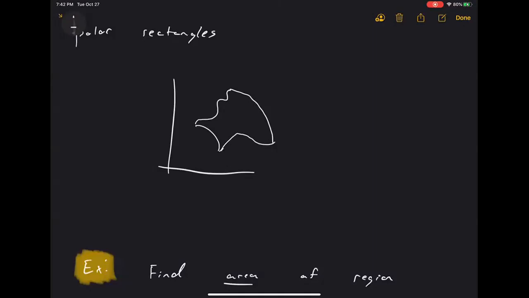Maybe our r bounds are nice constants like r equals 1 to r equals 4, but my bounds on this angle theta, it's not clear what this angle is. Maybe I have to write this angle as a function of r. My starting bound would be a function of r, and my ending bound for theta would be a different function of r, something like that.